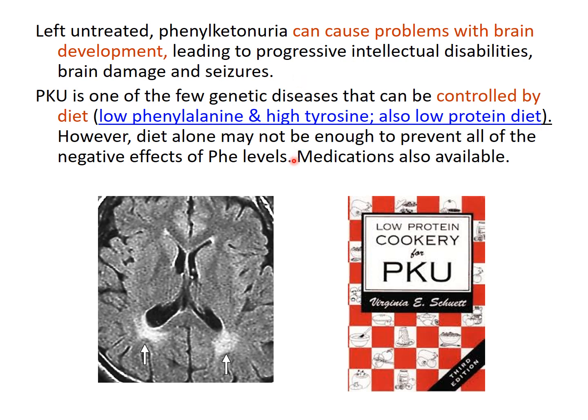Now, what we can do is diet. Diet is leaving out phenylalanine from the diet. Just leaving it out is not enough. Medication can be used to capture more phenylalanine so that phenylketones will not be produced, so phenylketonuria will not develop.